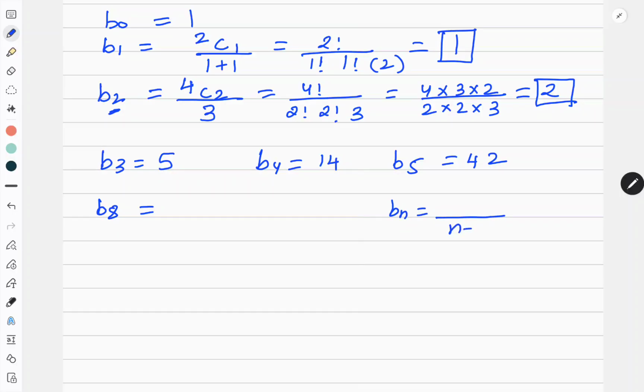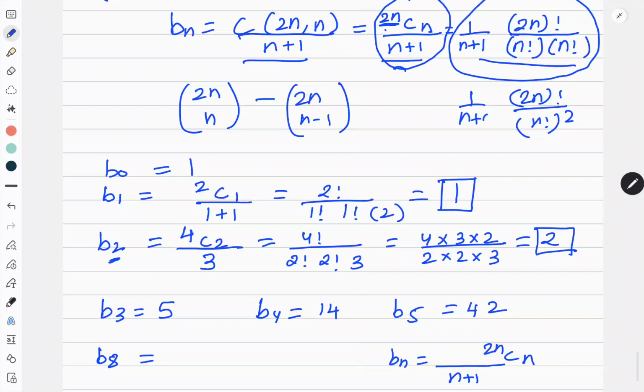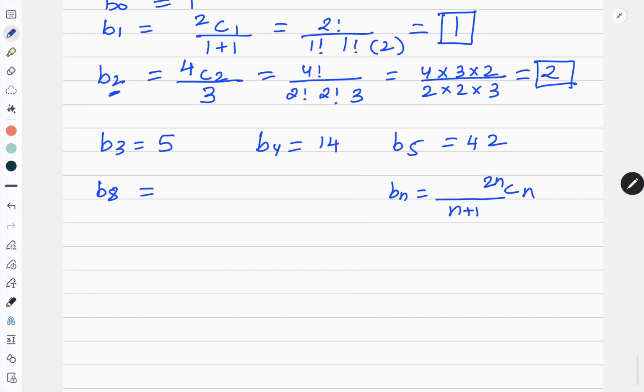So if I want to find the value of B8, what is my Bn? Bn is 2nCn upon n plus 1. So I wrote the formula. Let me apply this formula on B8. 2 into 8 is 16, so 16C8 upon 8 plus 1, which is 9. So this is 16 factorial upon 8 factorial into 16 minus 8, that is 8 factorial again, into 9.